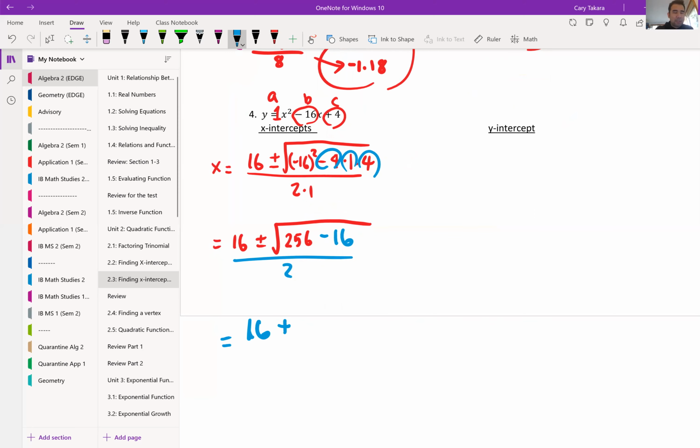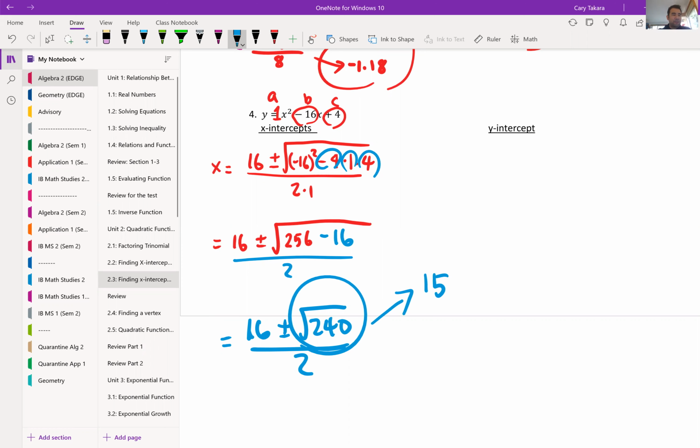So you should get 16 plus minus the square root of 240, over 2. Did you get that? Square root of 240? If you've gotten 240, then 90% of the battle is done. And all you have to do is just use the calculator. 16 plus square root of 240, and then divide by 2.